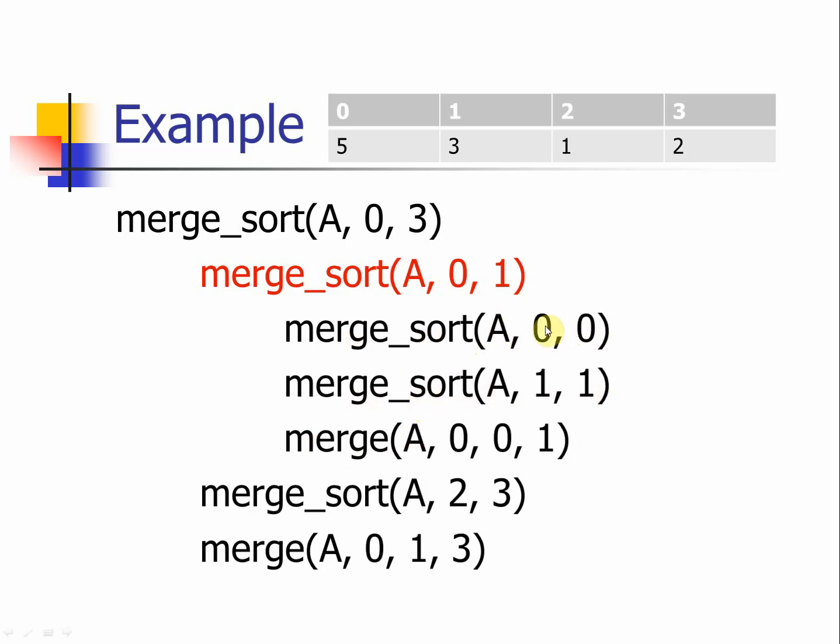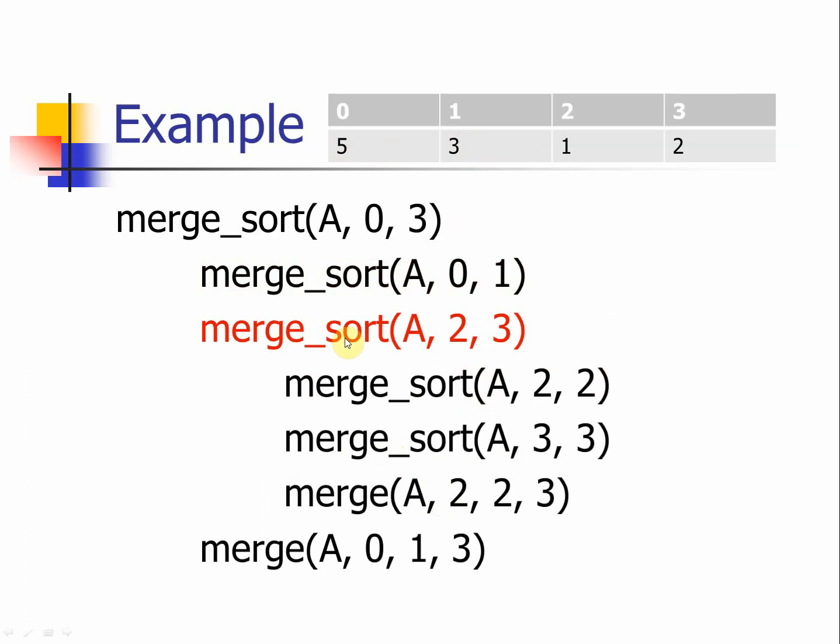Of course, merge sort A, 0, 0 will be called recursively and then hit the base case scenario, which basically does nothing, because 0, 0 indicates that we have a value of 5, which is only one item. It's sorted. We don't need to bother with that. The next one is doing the same thing. You will see there's only one item, so you don't need to do anything. And then when it comes back, you try to merge the two values. So 5 and 3 are two sorted segments. They will be merged together and become 3 and 5.